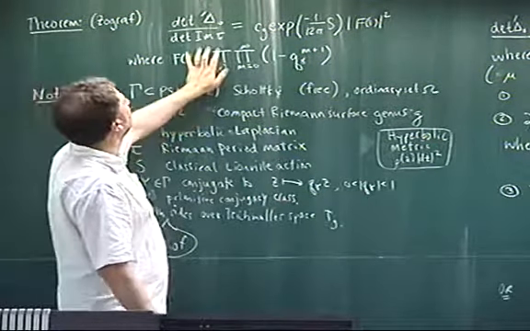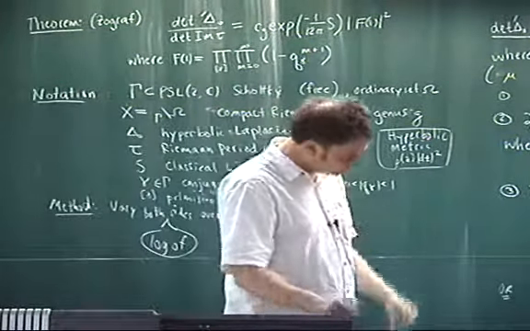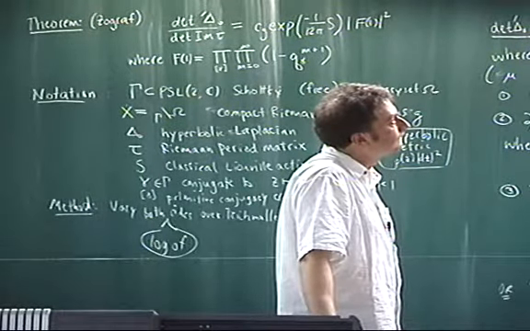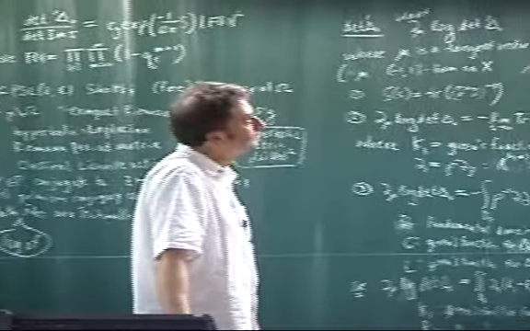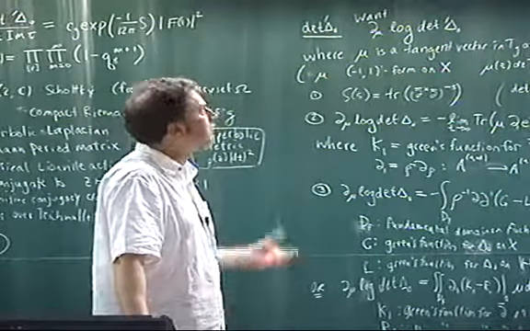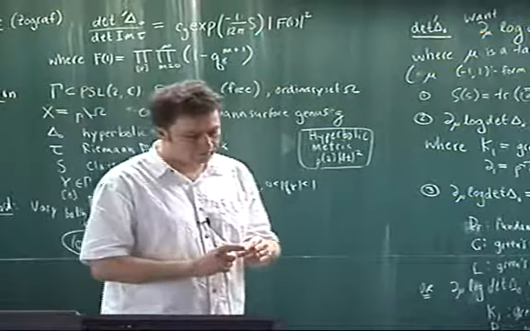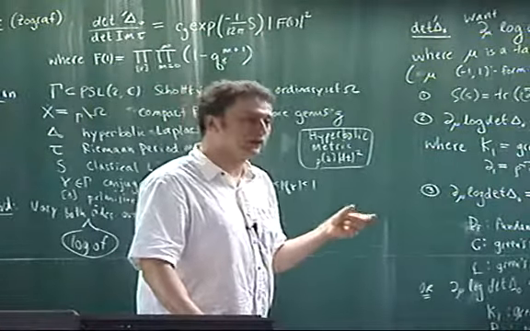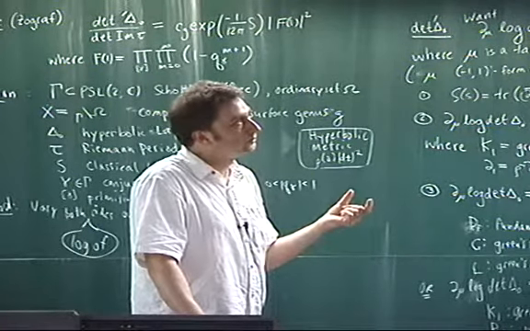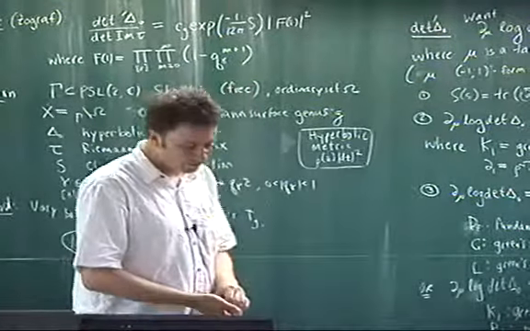You do end up with essentially the same formula, but there's a dependence on the flat line bundle as well. So there's a factor which depends on the character defining the flat line bundle. And I can't reproduce what that is exactly, so I don't want to commit myself.